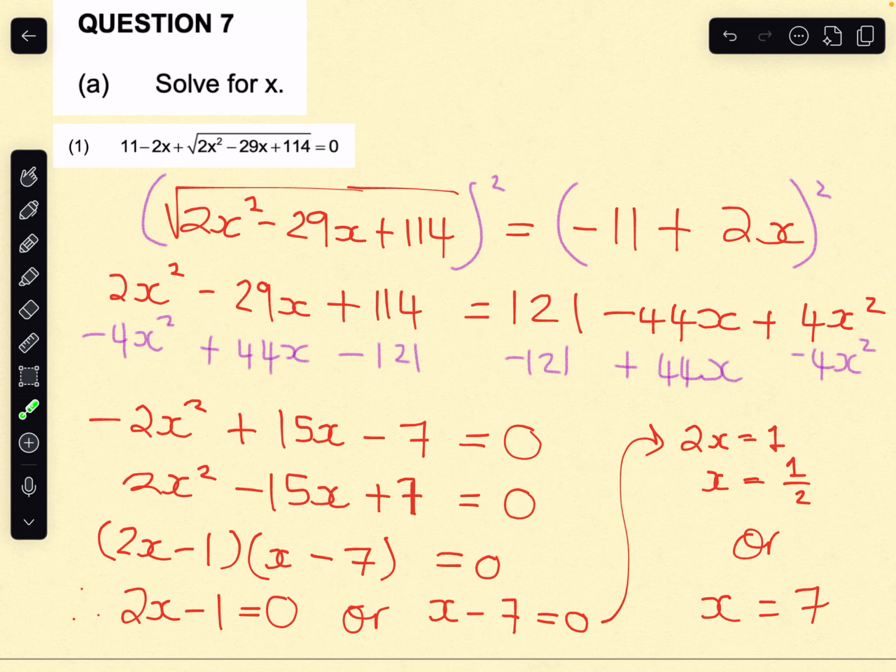So even though whatever the value of this is, its positive and its negative version would be equal to this side because of the squaring.